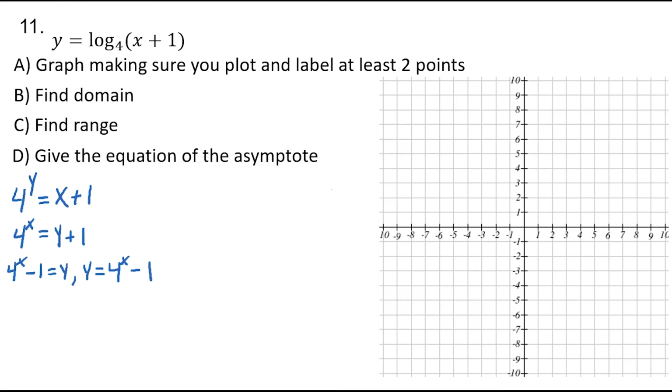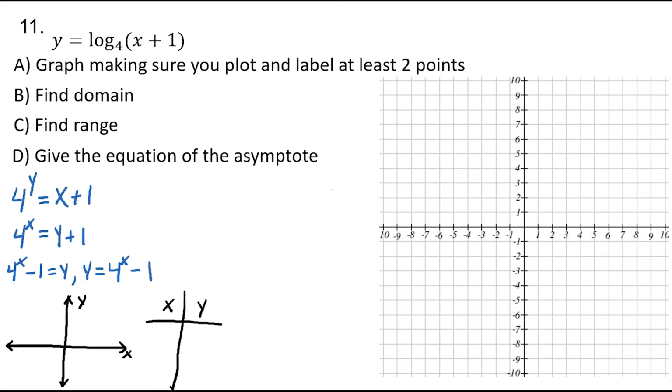Okay, so now I'm going to remember this is the inverse, so I'm going to graph this on a separate coordinate plane. And to find the coordinate points, I'll just pick some x values and it'll give me the y values.